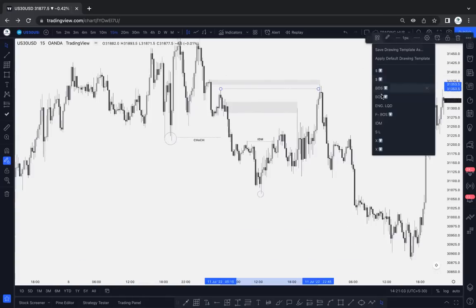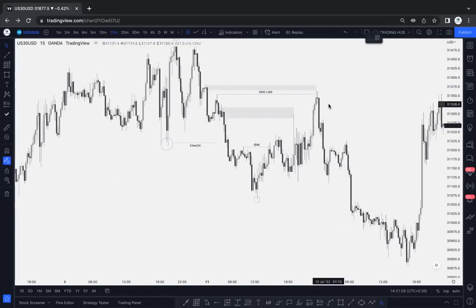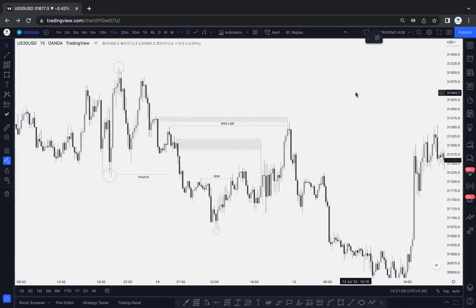No matter if I see imbalance in a lower time frame, for example in 5 minutes, because right now we are looking at the 15-minute, and price always follows the higher time frame perspective.